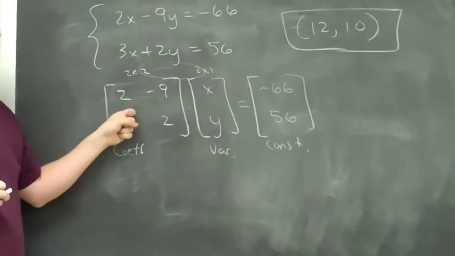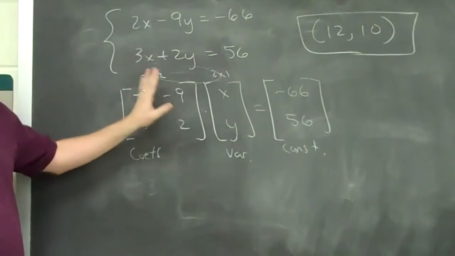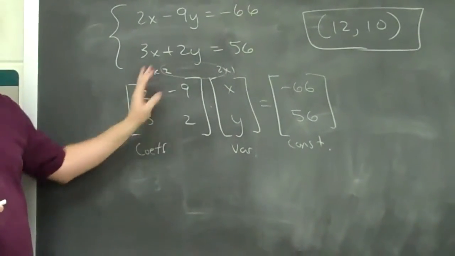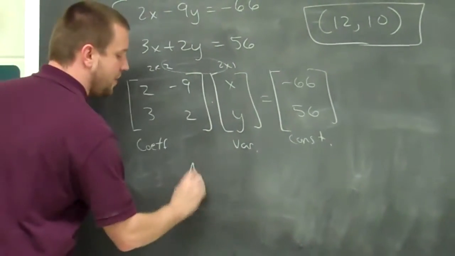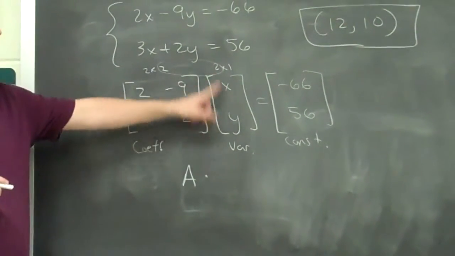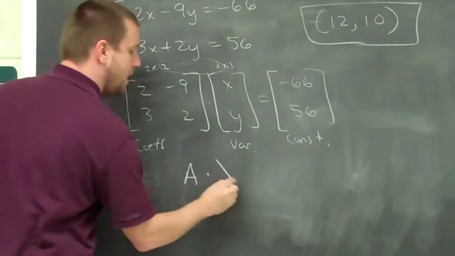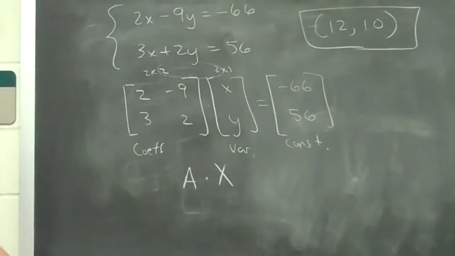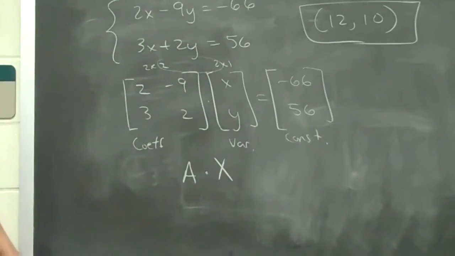Would you let me rewrite this matrix here as matrix A? This is the coefficient matrix. Is that cool with everybody if I just call that matrix A? And is everyone equal if I call this matrix here my variable matrix, matrix capital X? Does that work?